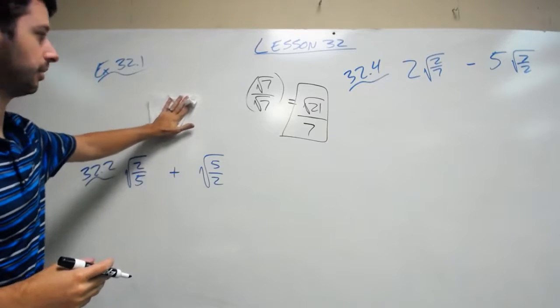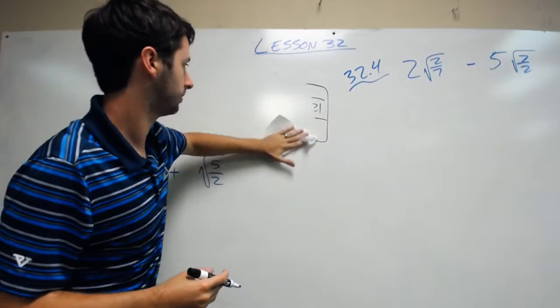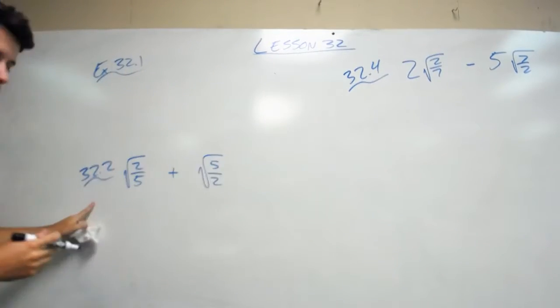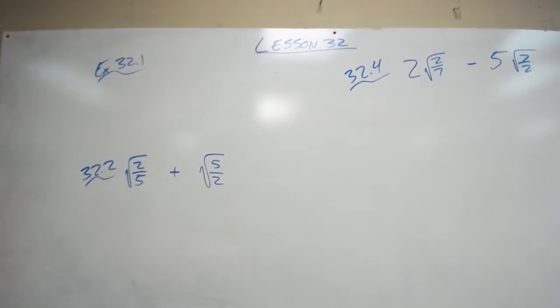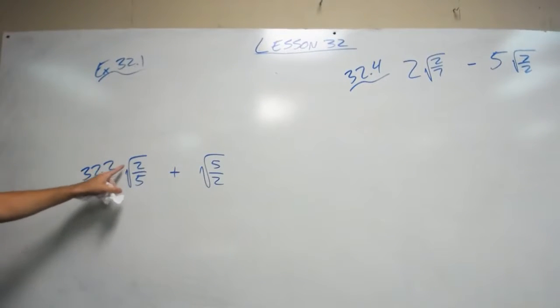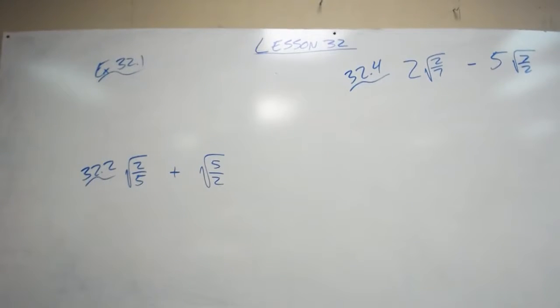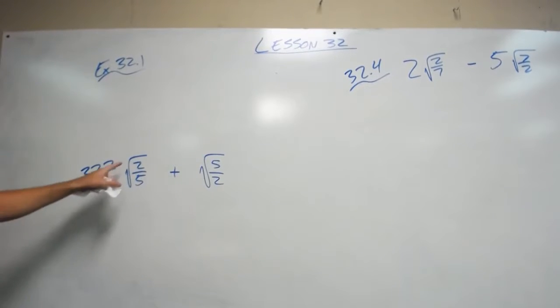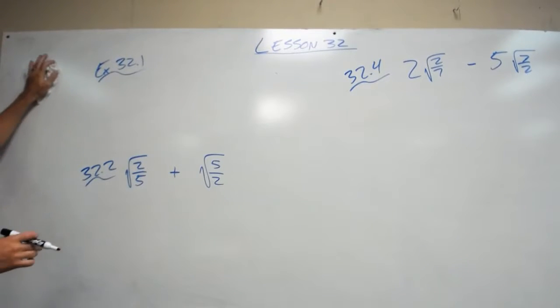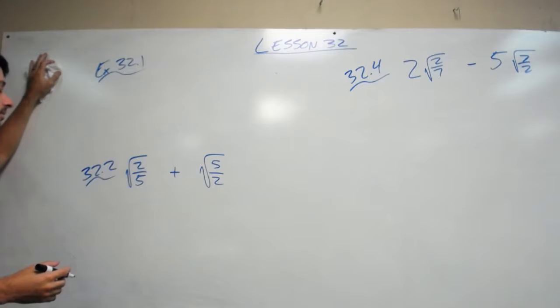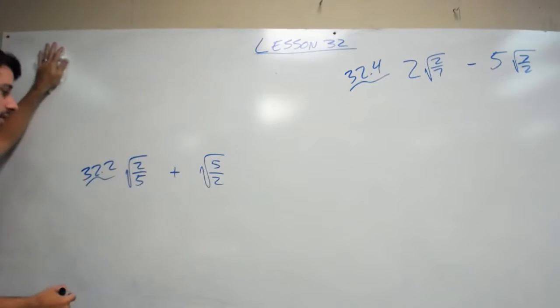So let's look at a couple more examples. Example 32.2 gives us two of them: square root of 2 over 5 plus radical 5 over 2. So what we're going to do is the same thing that we did on the last one.